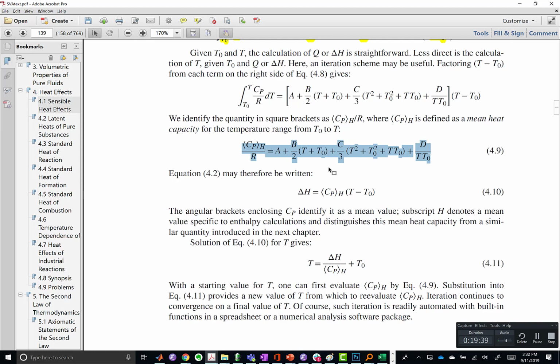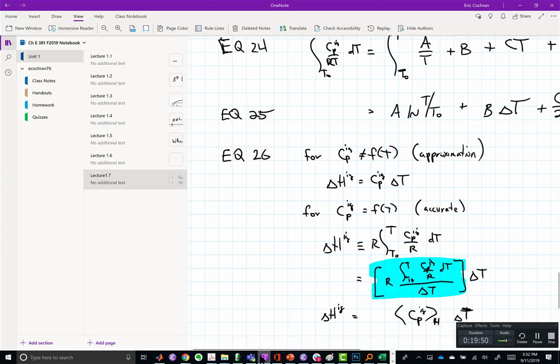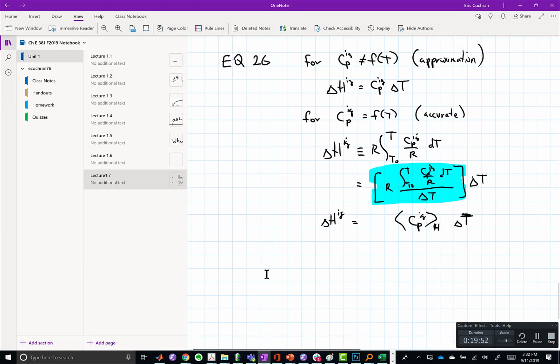So the average heat capacity for heat capacity integrals divided by R is just given by this algebraic expression. So it's equation 4.9.